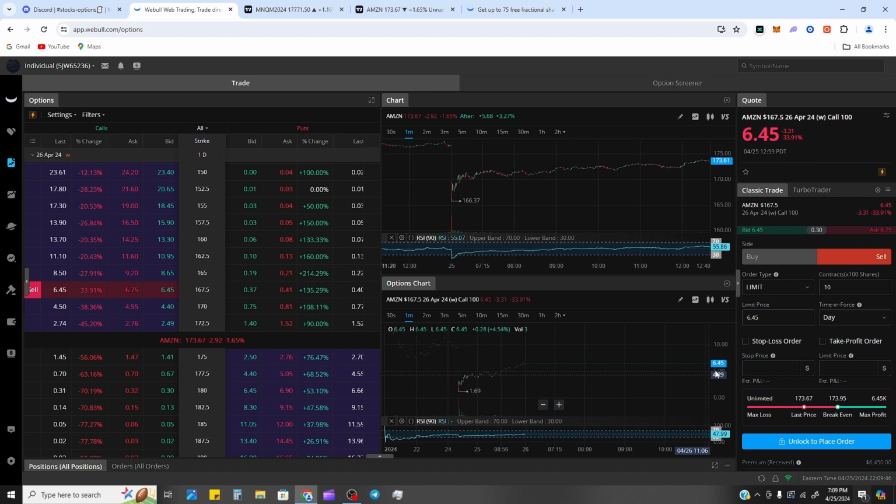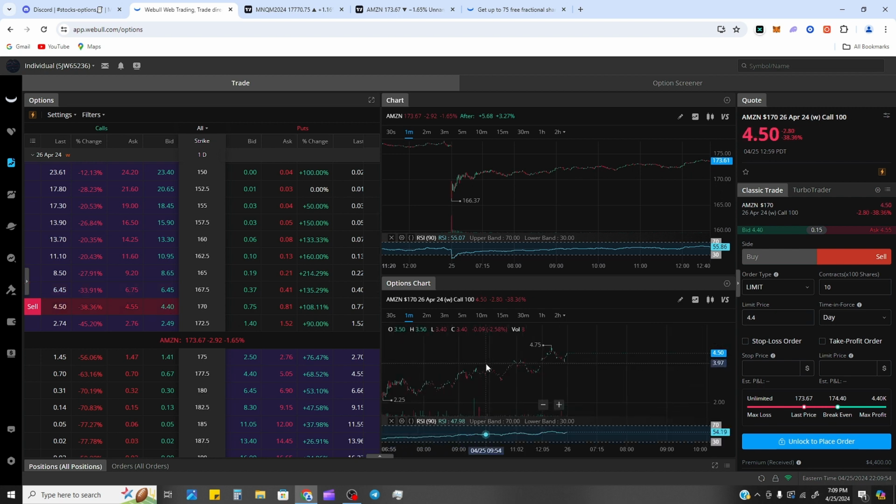Okay, went from 169 all the way to $6.45. Okay, that's a huge move. Okay, the 170 call, I think that one was a banger. It went from 79 cents all the way to $4.50. Okay, a huge move on these call options today, playing that level.